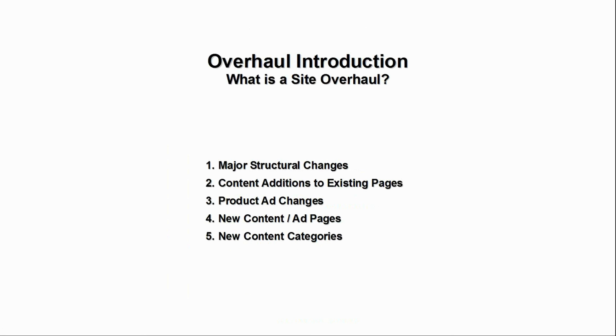Some of these structural changes can also come into play as far as an expansion goes, something I'll be talking about here in a few minutes with new content categories. Before I get into that, though, I want to talk about content additions to existing pages. Every existing Amazon site that you have already has pages of content on it.